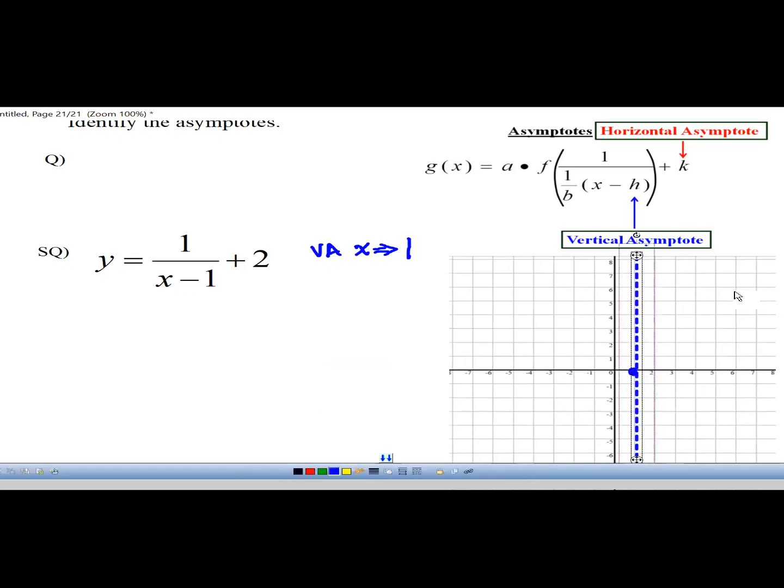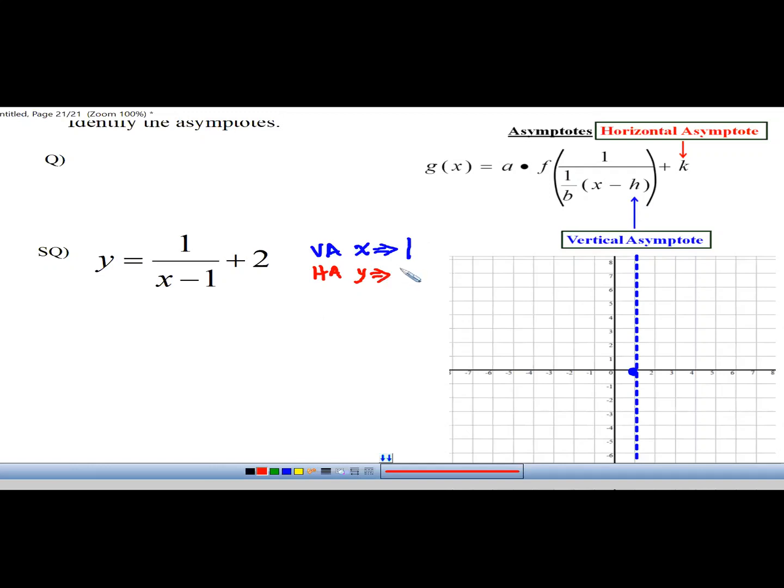Yes. Okay. Let me move it a little bit more to the left. There it is. Okay. So with that said, I want you to change to red, and I'm going to write HA, and I'm going to write y equals. So by looking at our function, show me with your fingers the horizontal asymptote.